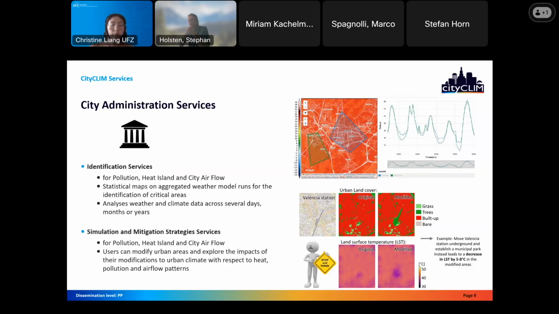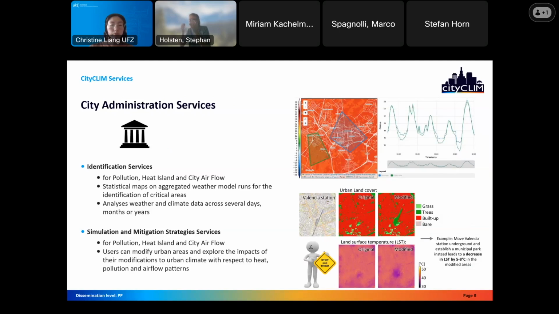The second main block will be the city administration services, for municipalities, decision makers and takers, to adapt city-related topics to this new capability.